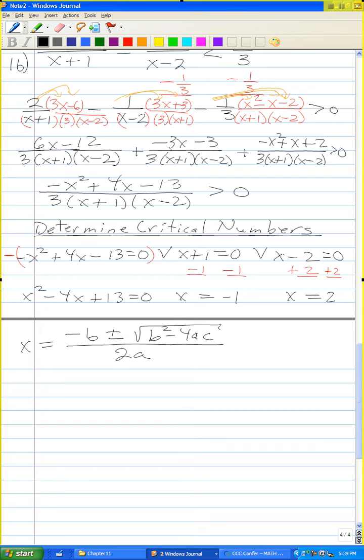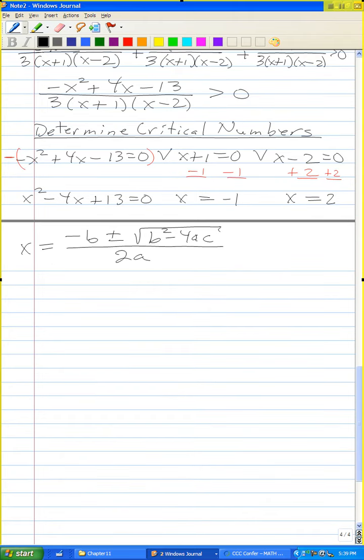In this case, b is -4, so -b plus or minus the square root of b squared minus 4ac, all over 2a.